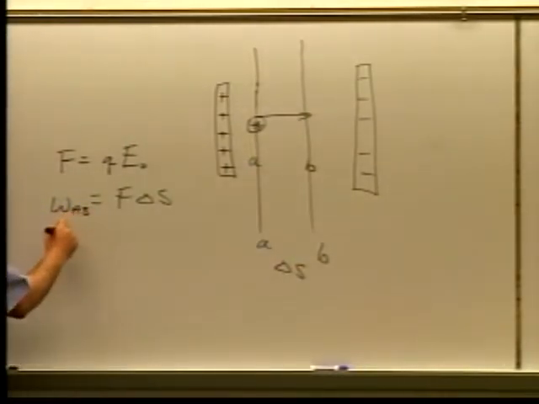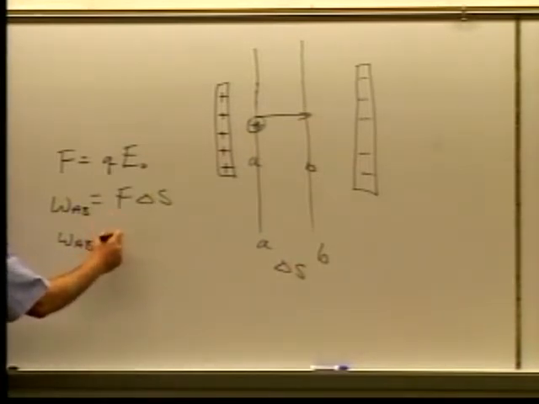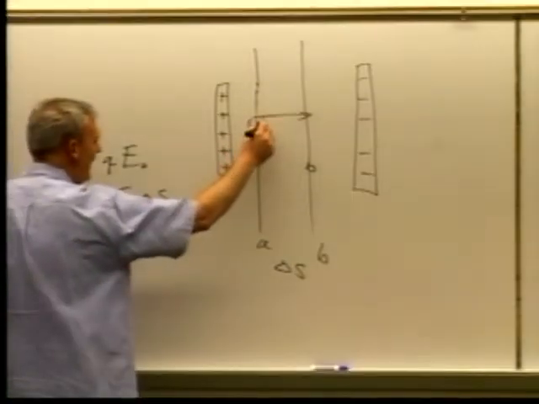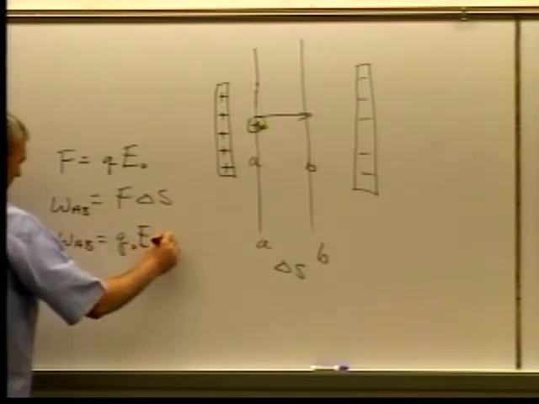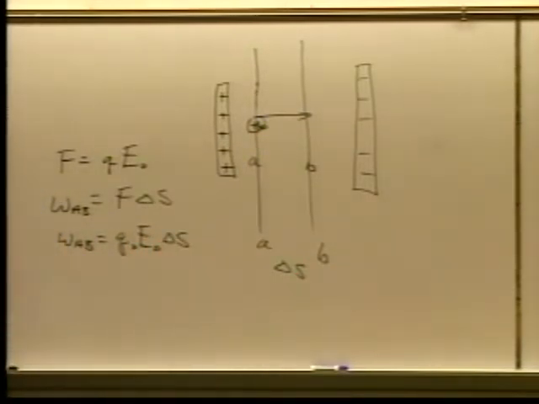Okay? And let's just plug this in. So we get the work to go from A to B on that little charge in that parallel plate capacitor is equal to Q naught, we'll call this guy Q naught, times E naught times that delta S. Okay. Now, let's take this work from A to B and divide by that little point charge, Q naught.